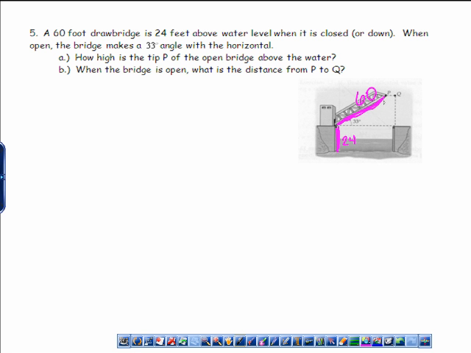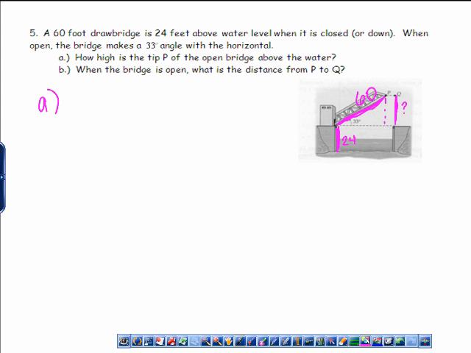We've got two distances to consider here. We've got the distance above this line of sight, so to speak, and then we've got our 24 feet. So we need to find from Q to the top first, and then add it to 24. Let's think about how we're going to do that.